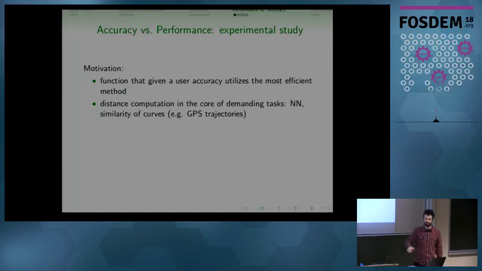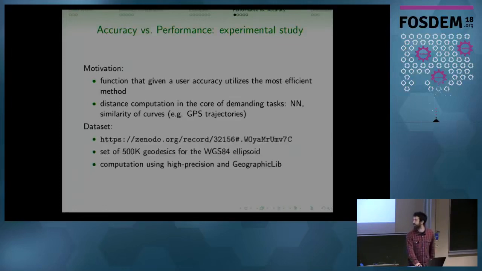So if you have thousands of points, then you call an algorithm of similarity, you will get millions of distance computations probably. So it's crucial to have a fast algorithm with your desired accuracy. Okay, so this is the motivation more or less.